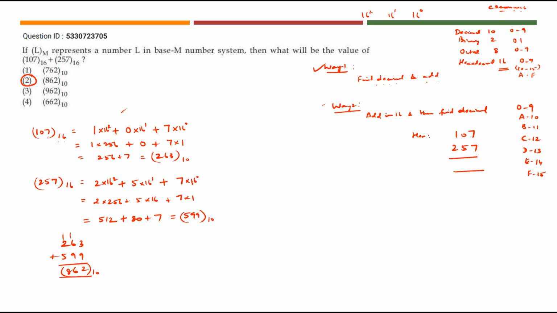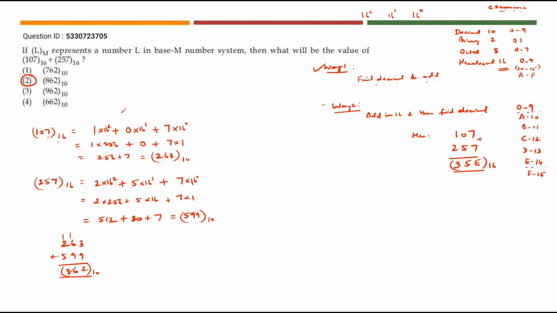You have to use the digits that are available in the base, that is from 0 to 9 or A to F. So 7 plus 7 is 14, and what is 14 here? It is E. What is 0 plus 5? It is 5. What is 1 plus 2? It is 3. We have 3, 5, E to the base 16 as the answer.